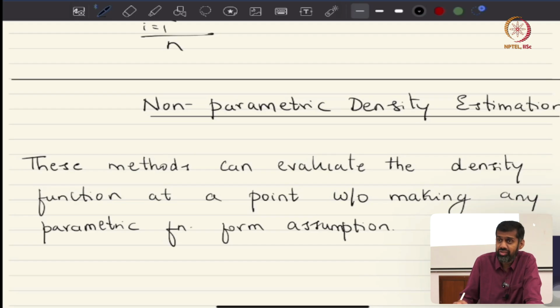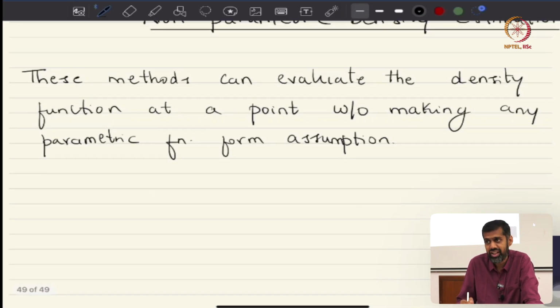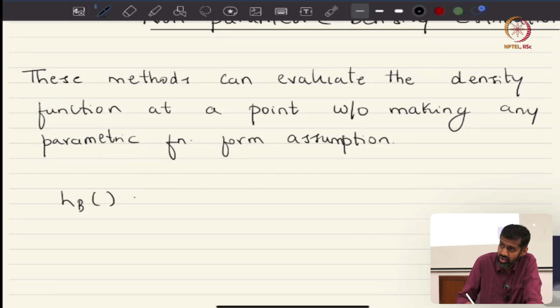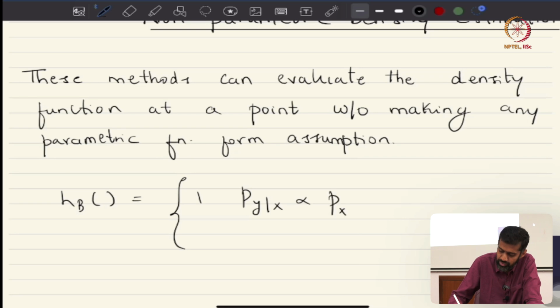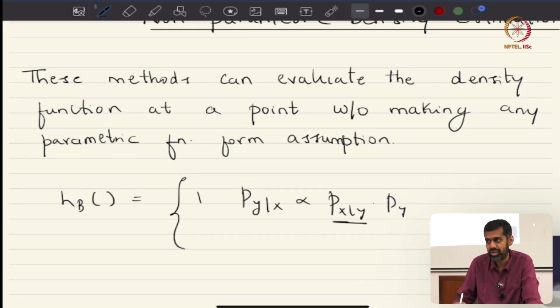See, for the case of the Bayes classifier that we are looking at now, this is enough. Why? Because remember that our Bayes classifier chooses based on P of y given x, and this we know is proportional to P of x given y times P of y, correct. If you can evaluate this P of x given y at the given x, that is all we need; we do not care about what the underlying functional form is.